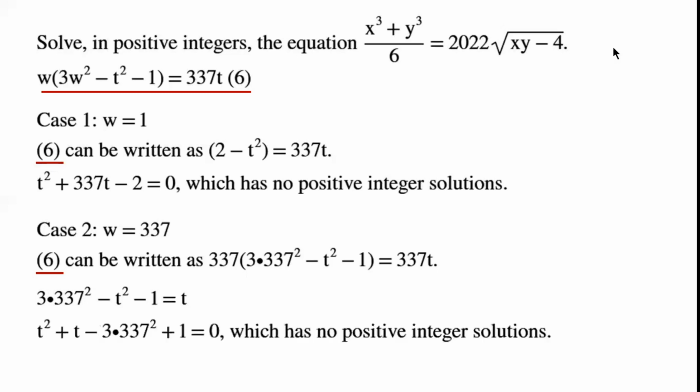So t squared plus t minus 3 times 337 squared plus 1 equals 0, which has no positive integer solutions.